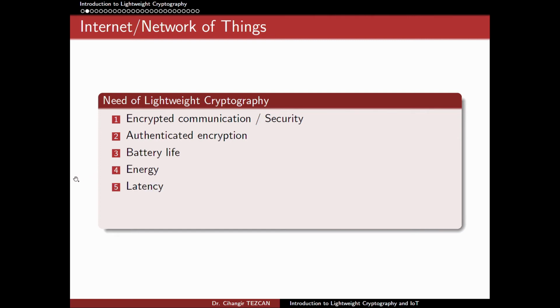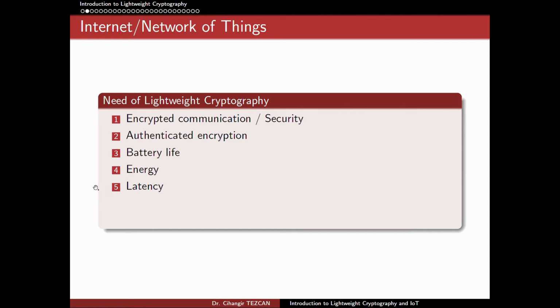Another reason we need lightweight cryptography is latency, because in some IoT networks some sensors are constantly sending data, and receiving the data in a timely manner is important in those networks. So latency becomes an important point.